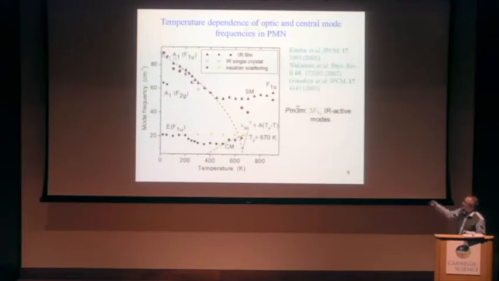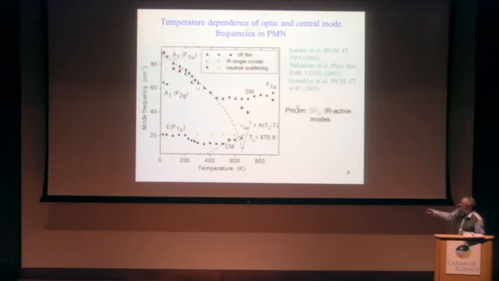And then we had a soft mode, which is the same as in this neutron scattering. These red points are from neutron scattering papers. And the soft mode softens only slightly, and then there is a saturation and hardening on cooling at lower temperatures.